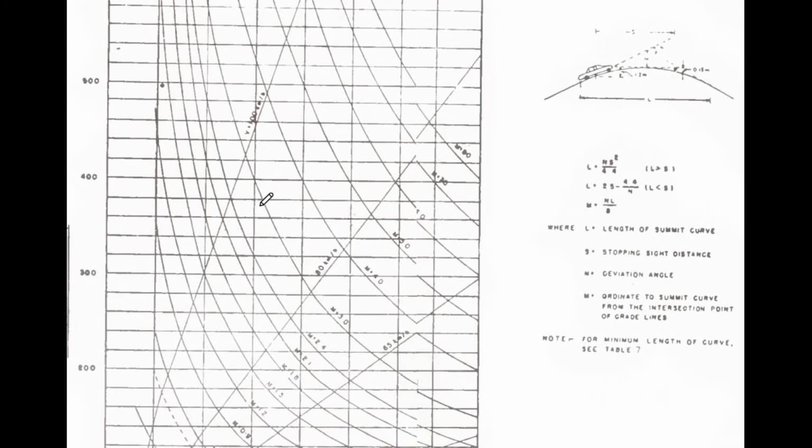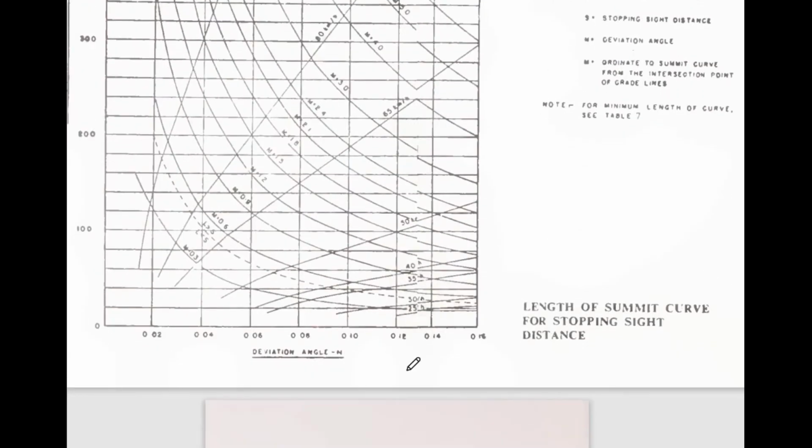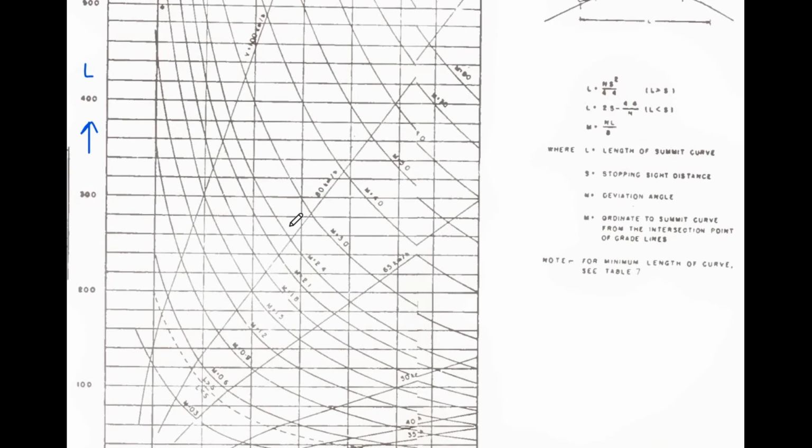So now we are at plate 1. In this plate, a graph is shown, on which the vertical axis talks about the length of curve and the horizontal axis talks about the deviation angle, and there are two values that we have to find. One is the velocity.